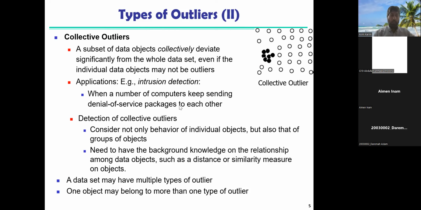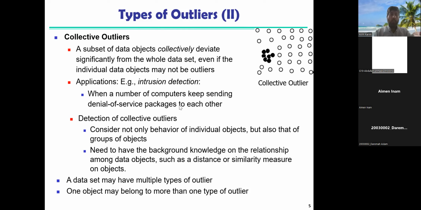The usual example given for collective outliers is denial of service attacks in computer networks. You cannot detect a denial of service attack by looking at just one transmission.